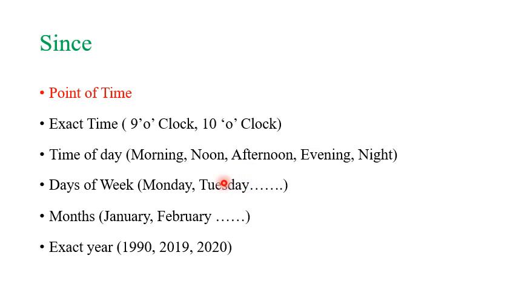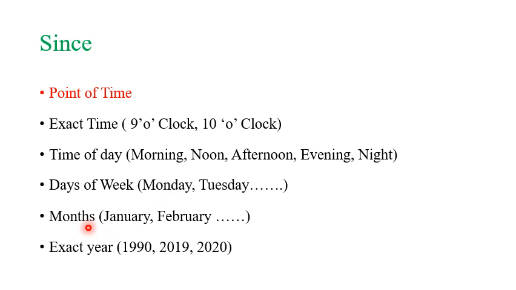Same is the case with noon or afternoon or evening or night. Days of the week are also exact points of time. Like if the action is being done since Monday, then Monday is an exact point of time. You know when the action started. When a person says that he has been doing this since Monday, Monday means the Monday of this week.